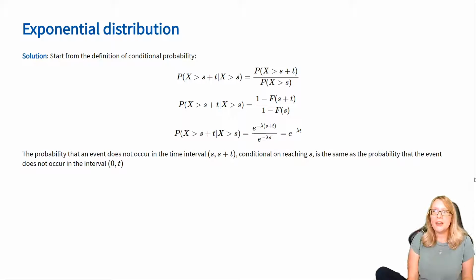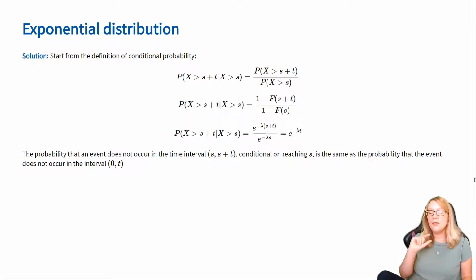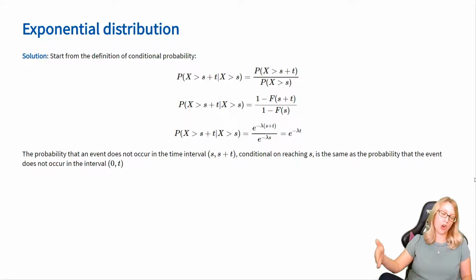The probability that an event does not occur in some time interval of t units, say s to s plus t, as long as we're conditioning on getting to that previous point s, is the same as the probability that it does not occur in the interval from 0 to t. So an interval of t unit length has the same probability as long as we're conditioning on reaching the starting point of that interval. That's what we mean when we say memoryless.